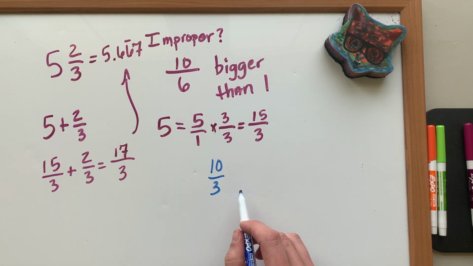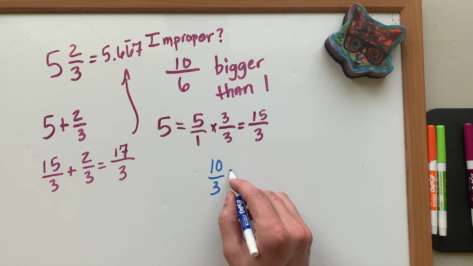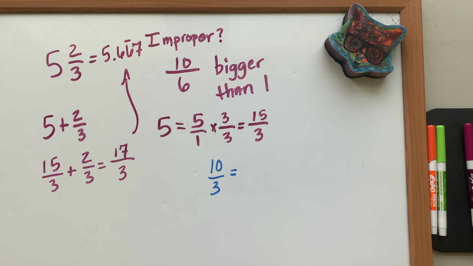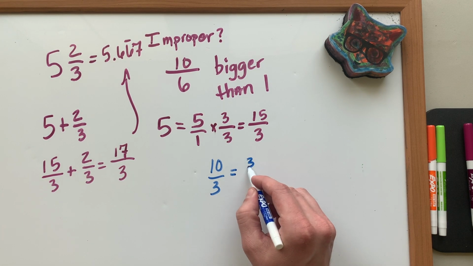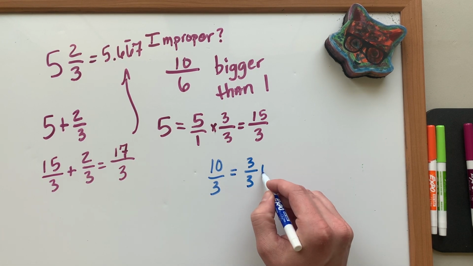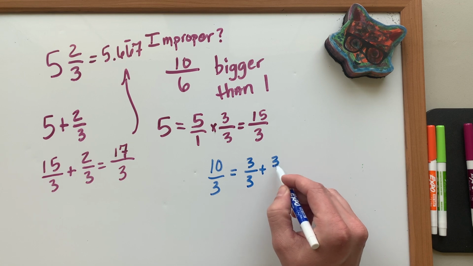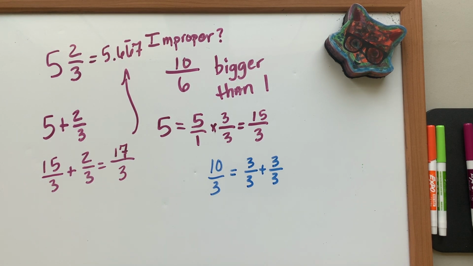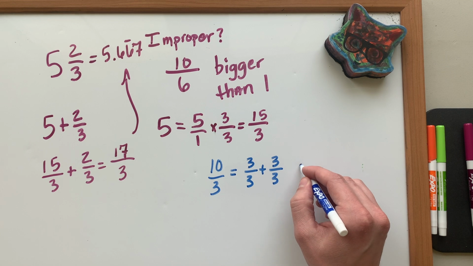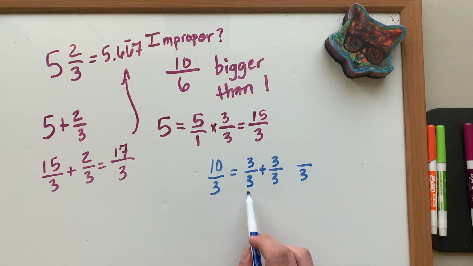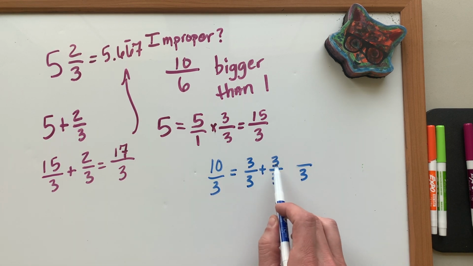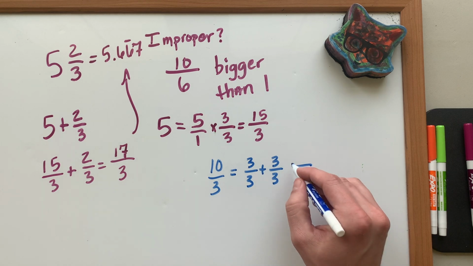What I'm going to do is I'm going to take 10/3 and I'm going to rewrite it as 3/3 plus 3/3. See what I'm doing? I'm using the rule of adding fractions that have a common denominator, but I'm doing it in reverse. As long as I keep my denominator of 3, I can add or subtract whatever I want in the numerators.